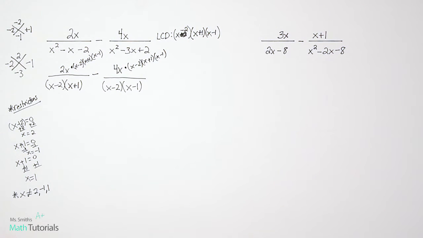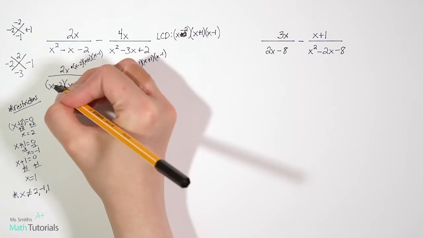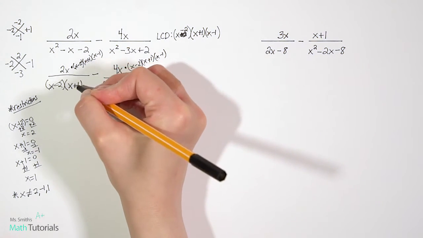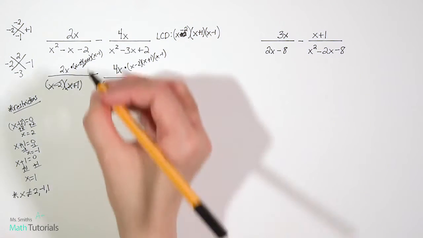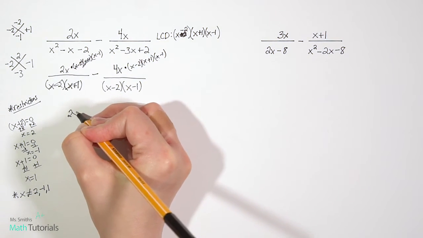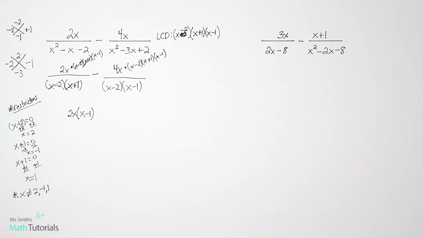And then we want to cancel anything that we can. Notice we've got an x minus 2 and an x minus 2. Let's cancel those. We've got an x plus 1 and an x plus 1. Let's cancel those. And I can't cancel this x minus 1, so we'll just bring that down. So we've got a 2x times x minus 1.